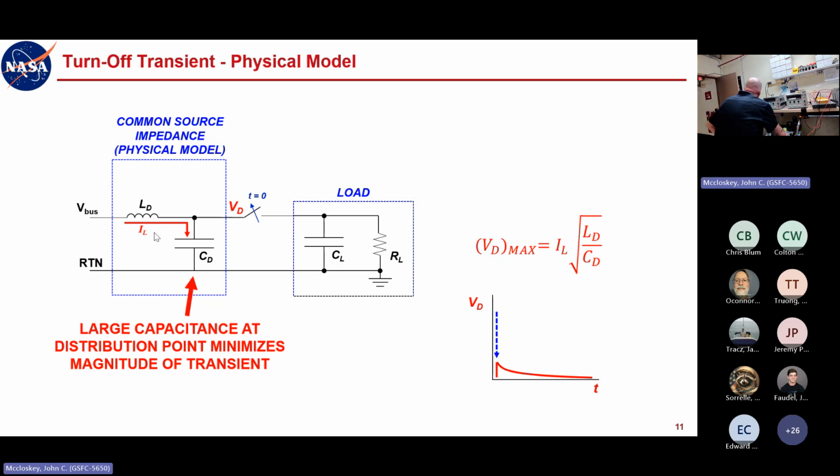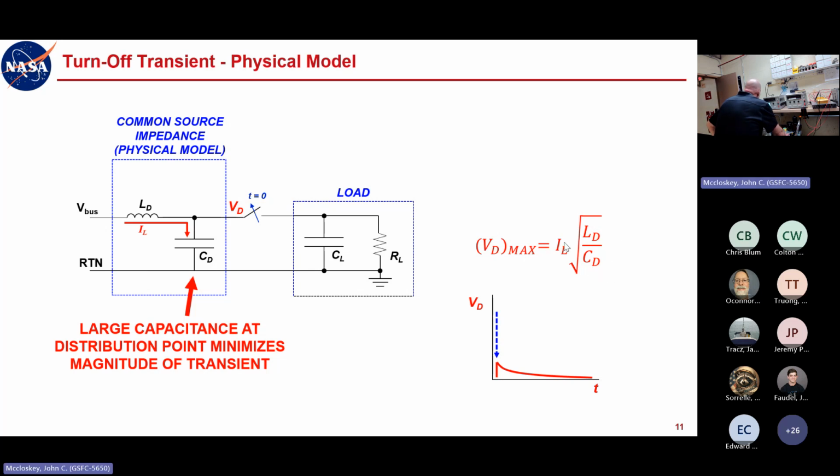Okay, but on a spacecraft or any kind of platform where you can run the leads going to your loads to a common distribution point inside a PDU, and put a big honking capacitor bank at that distribution point, several thousand microfarads there, which is what they've done, 6,000 microfarads plus is what they tell me, then your Z naught, your square root of L over C, is now very small.